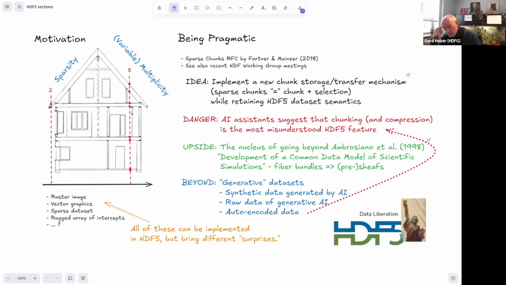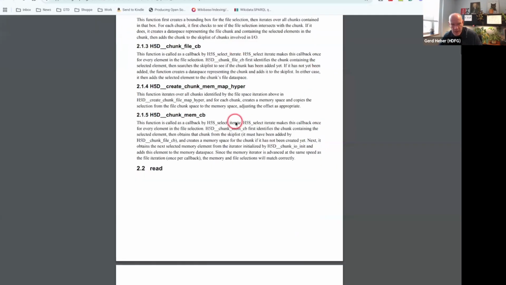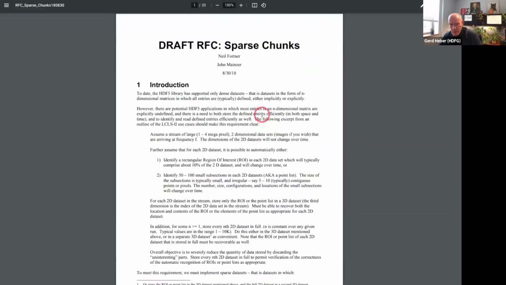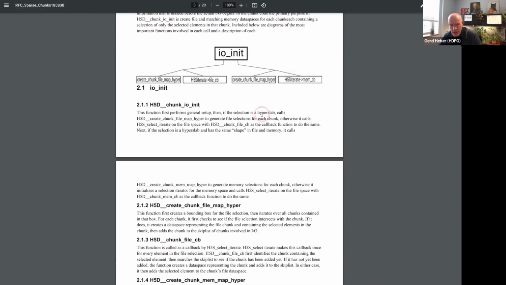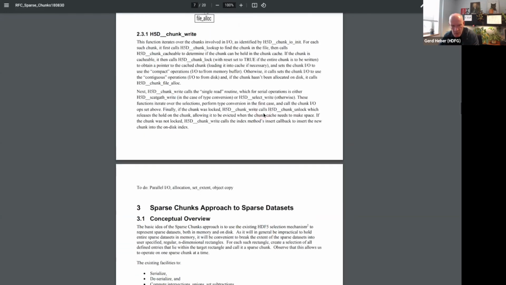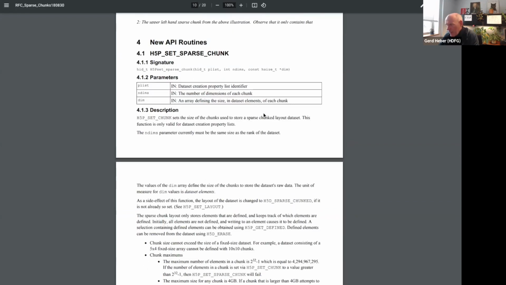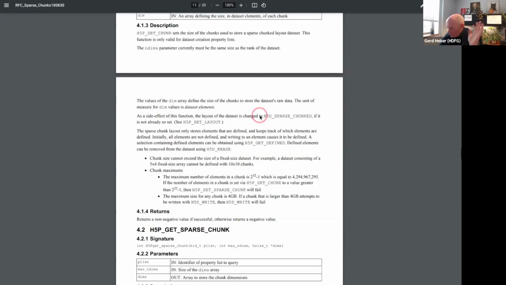If you compare the discussions in the working group with what's in this RFC, there is a description. There aren't that many new API calls, but if you read this RFC, there is a proposed API in here, and I think the API actually has changed quite a bit since this RFC, but you get the idea of what that would look like.